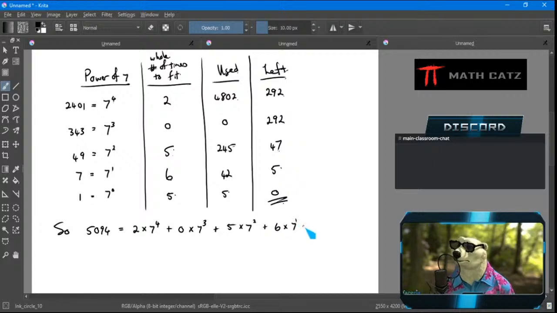You can write 7 to the 1 here if you want to. And 5 groups of 1s, or 7 to the 0. Therefore, the base 7 number is 20565 base 7.